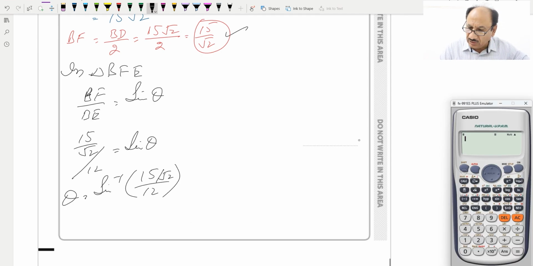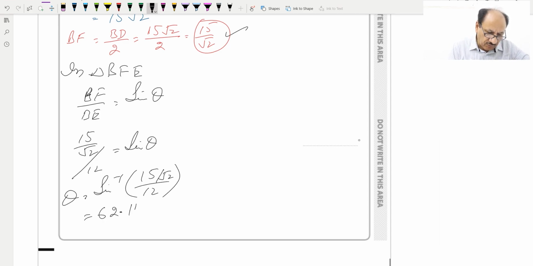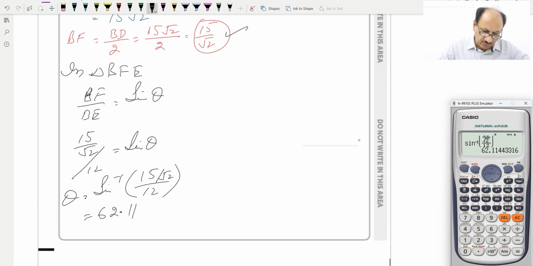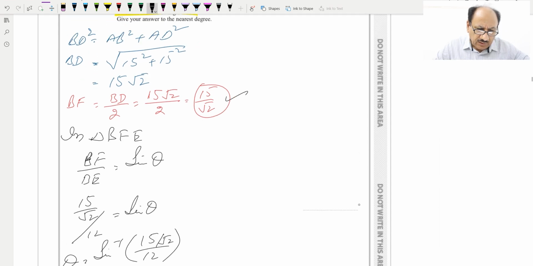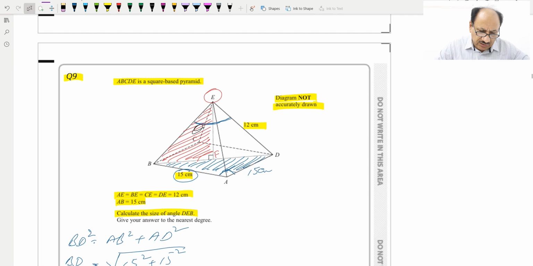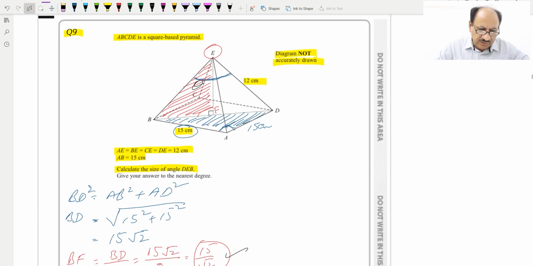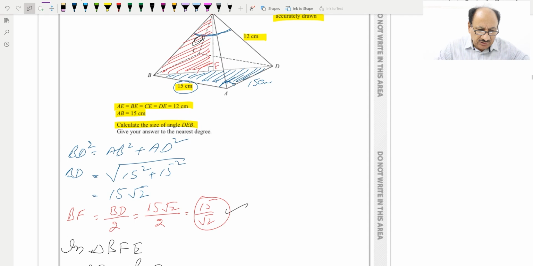This will be shift sine of fraction, again fraction, this will be 15 over root 2 over 12, and fraction closed, and this is equal to 62.1144. Okay, so 62.1144.